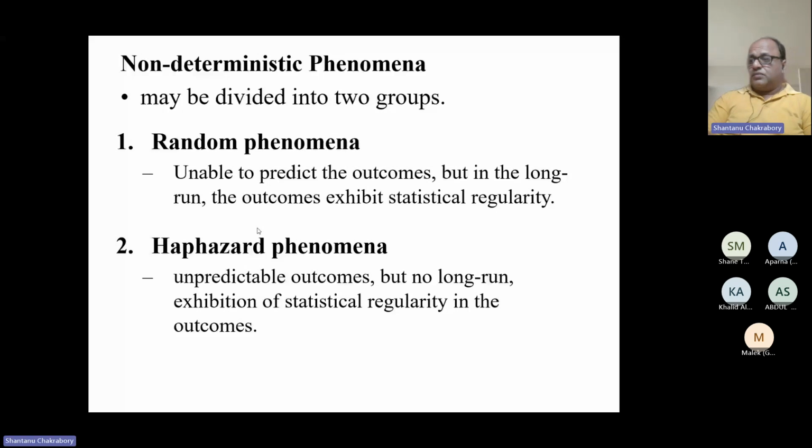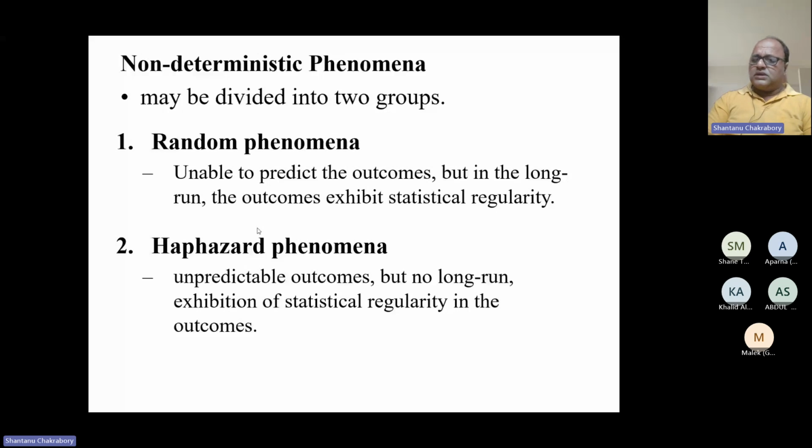Then there is a random phenomenon and there is a haphazard phenomenon. What is random? We are unable to predict the outcome, but in the long run, the outcome exhibits statistical regularity. Haphazard phenomena have an unpredictable outcome.